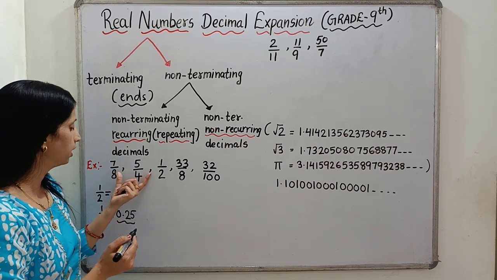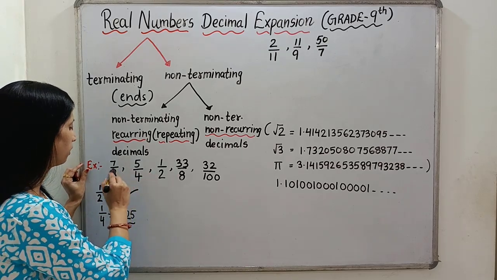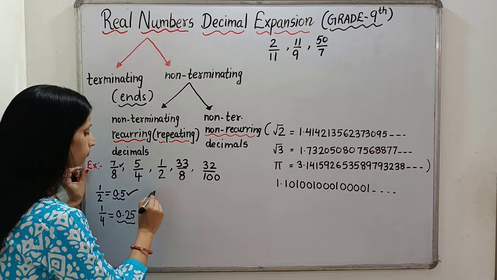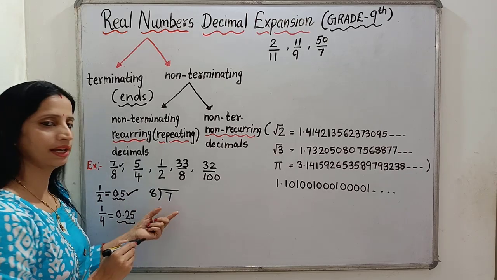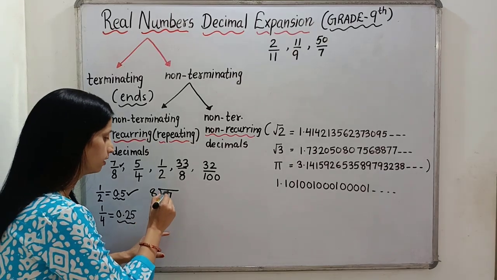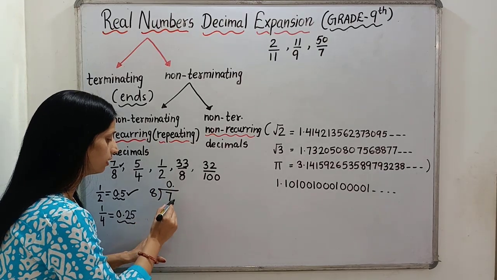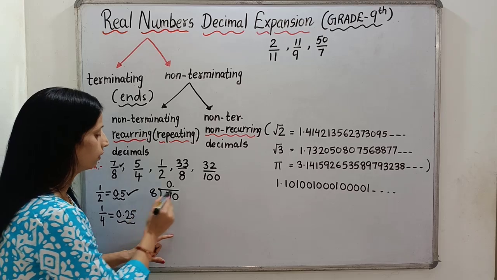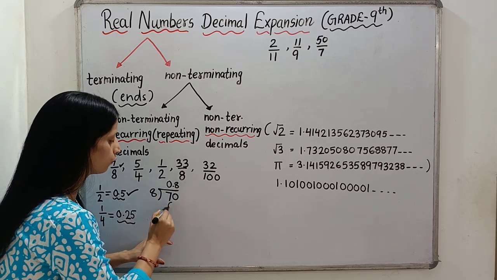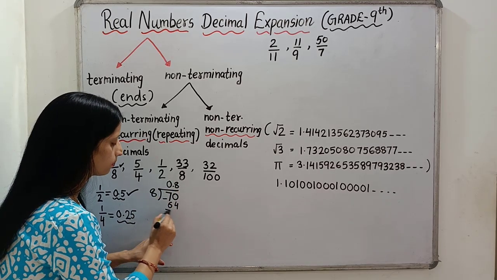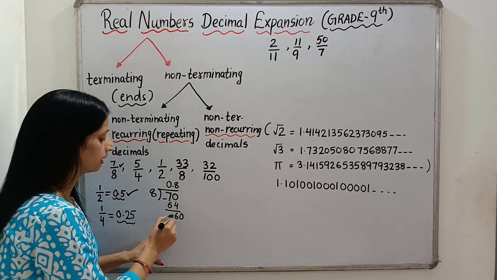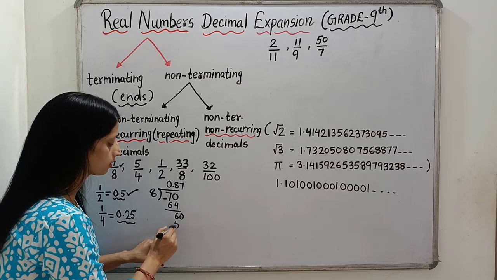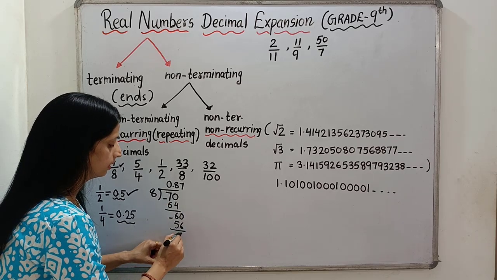Okay. Now after this, we can take, for example, 7 upon 8. 7 upon 8 means we are dividing 7 by 8. So let's divide. Put a decimal and write 0 here. Now 8 8s are 64. Let's subtract. We will get 6. We can put 0. Then 8 7s are 56. And this is 4.